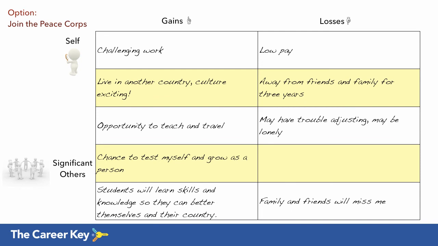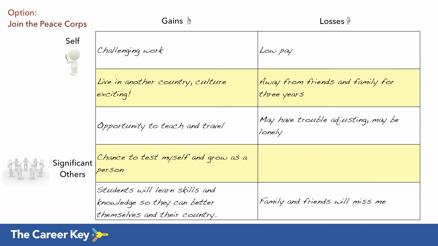Here's an example of how a decision balance sheet might be done. I didn't do this, because I didn't know about the ACIP method, but it shows how it can be done. It is my senior year in college, and as you can see, I was thinking about teaching in the Peace Corps.